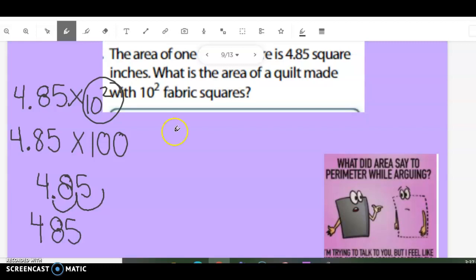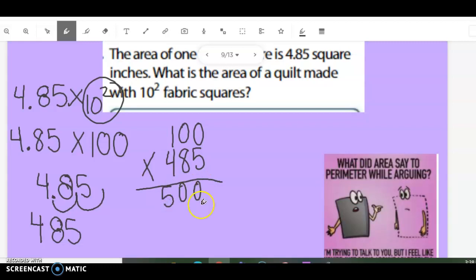Now I can check my answer with multiplication. Over here, I can do a little multiplying: 100 times 485, if I move my decimal 2 places. 5 times 0 is 0, 5 times 0 is 0, 5 times 1 is 5.